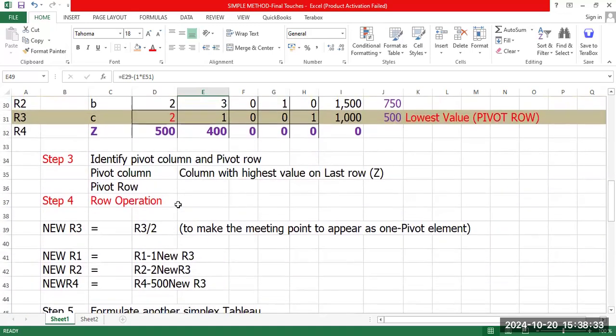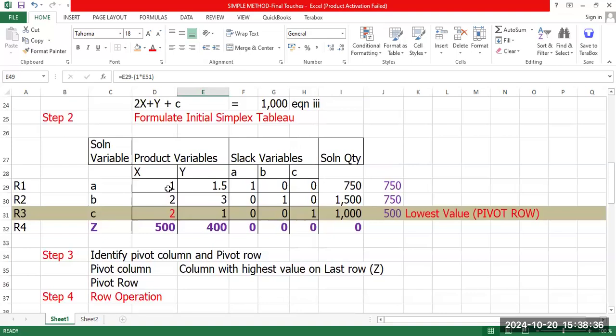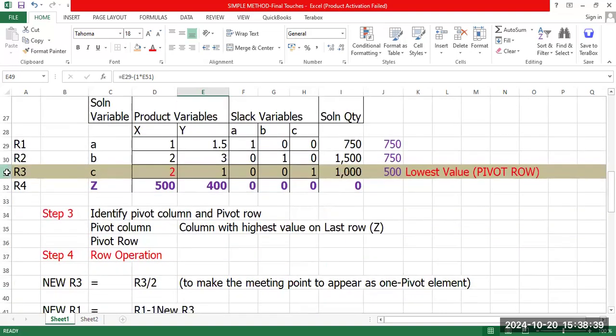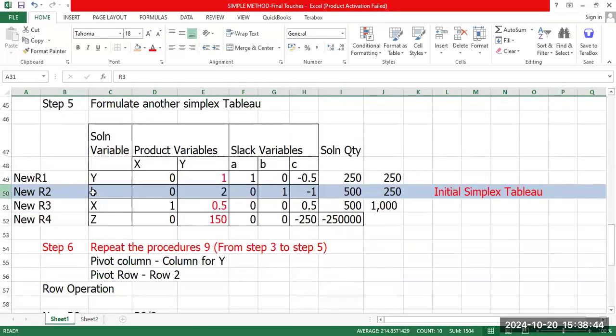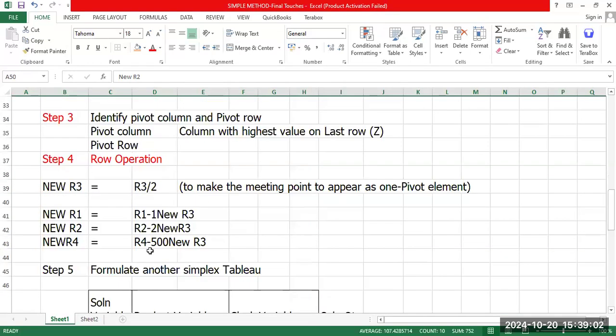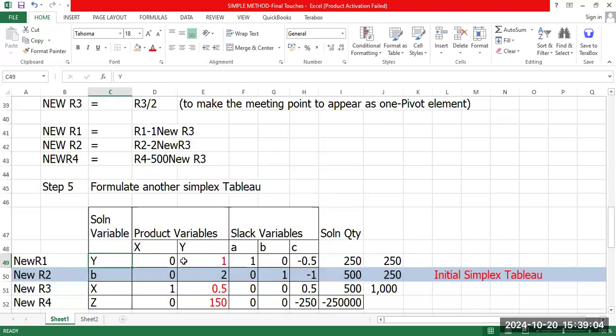Remember, the original pivot row was which row? It was row 3, isn't it, colleagues? So it means that row 2 has not yet appeared as a pivot row yet. And the fact that it has not yet appeared as pivot row, it will override what you stated here.